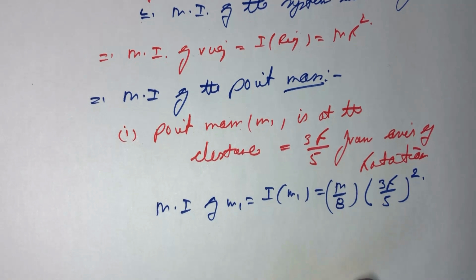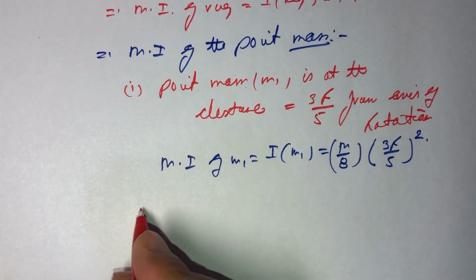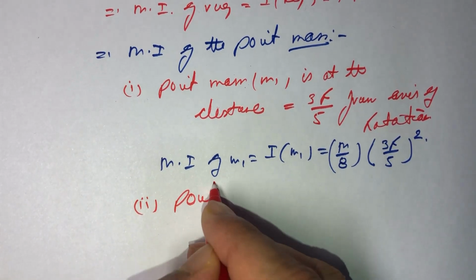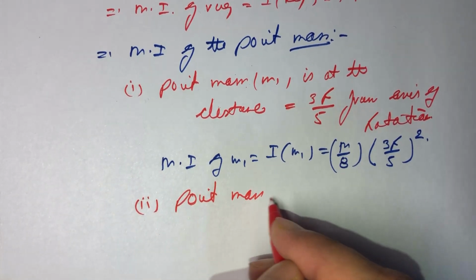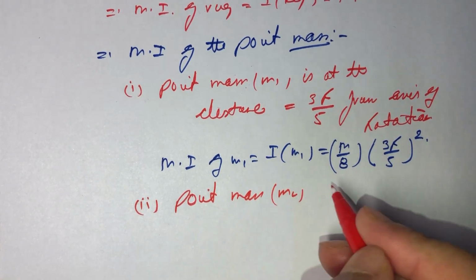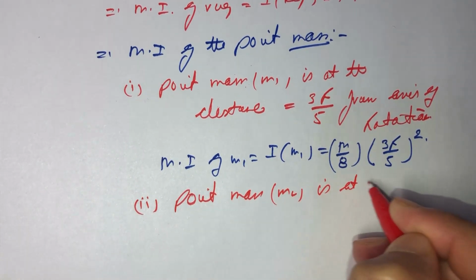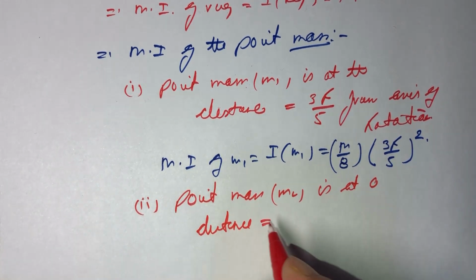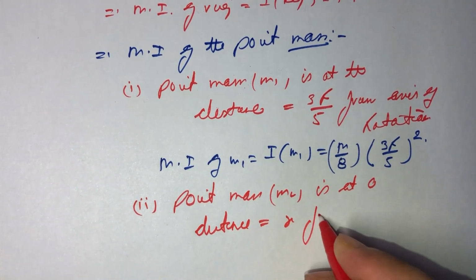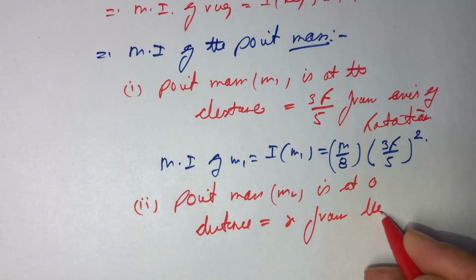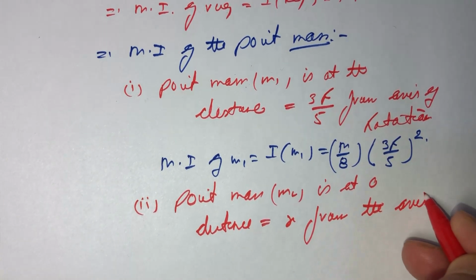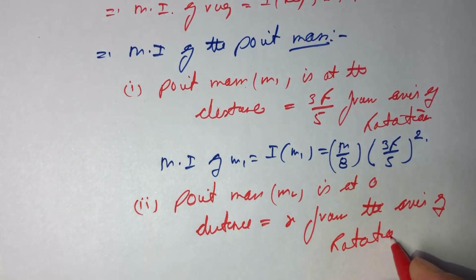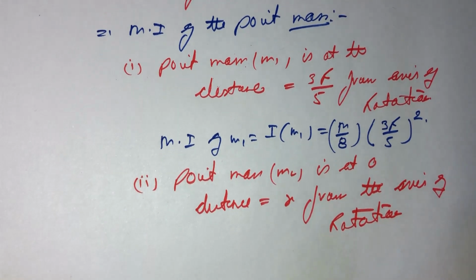And for the point mass m2, point mass m2 is at a distance of x from the axis of rotation.